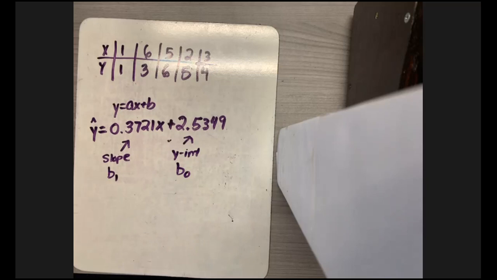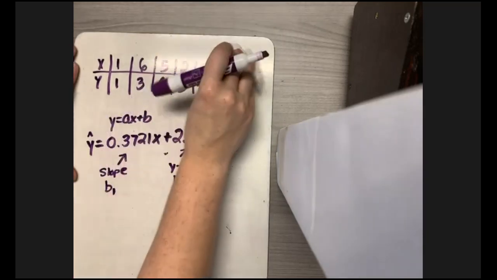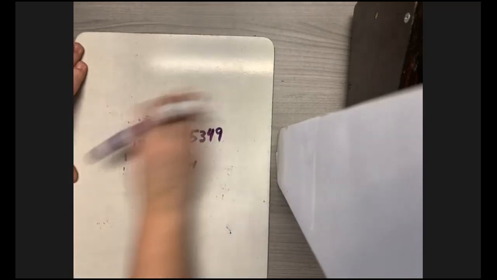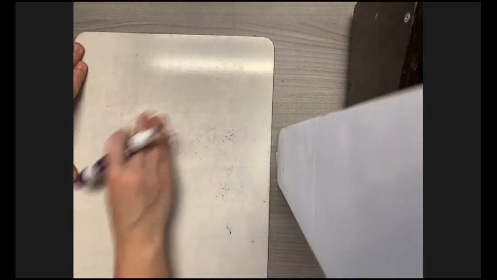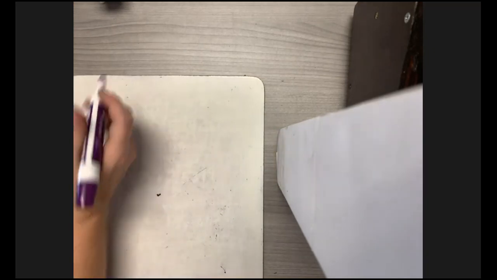Now, there was another example in the worksheet where they provided us with some values. I do want to talk about how, if you are presented with a problem like this, you could find it.